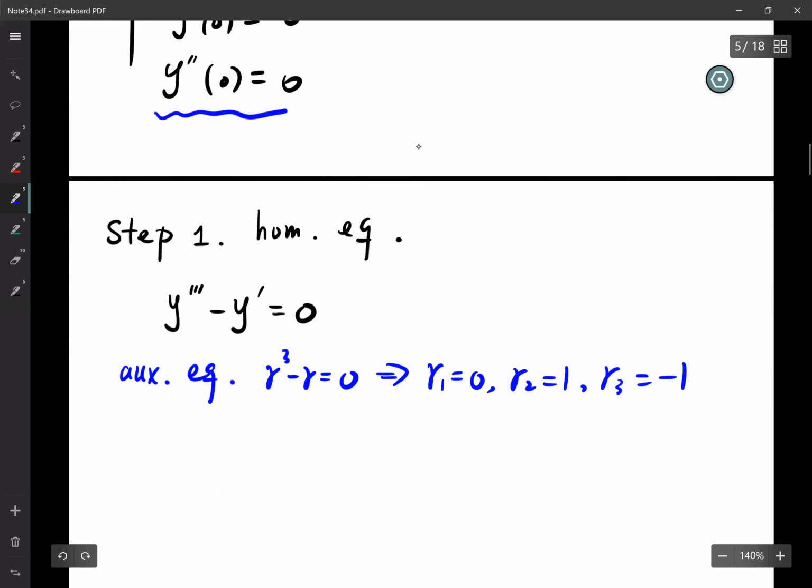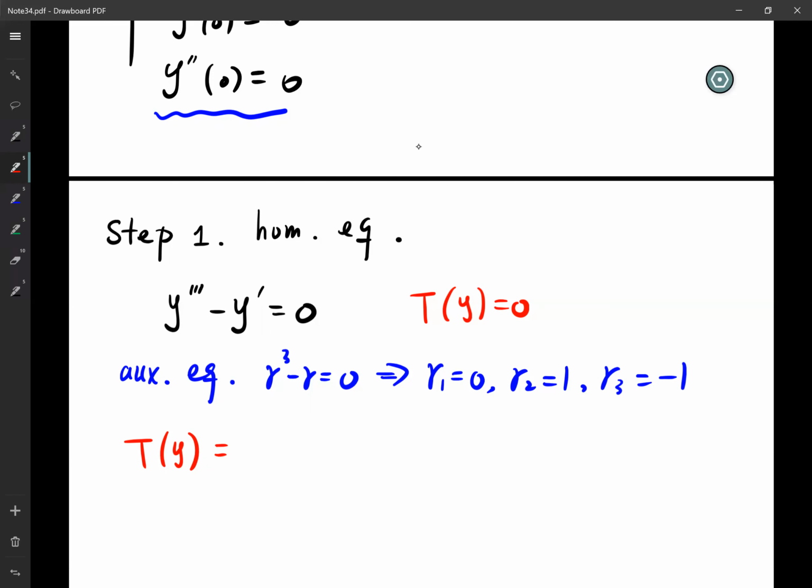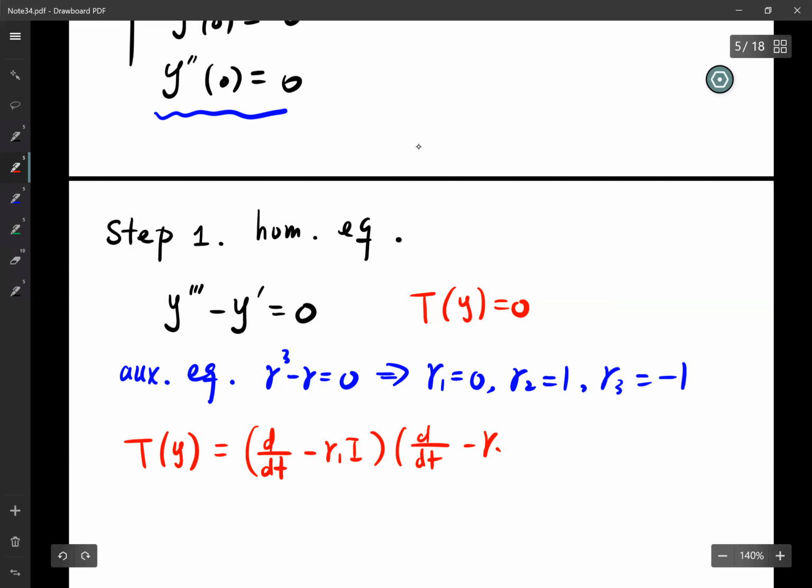Why do we care about such factorization? Because if we write the left-hand side as Ty equal to 0, then T with this factorization is (d/dt minus r1 I)(d/dt minus r2 I)(d/dt minus r3 I). Remember that d/dt and the identity commute.